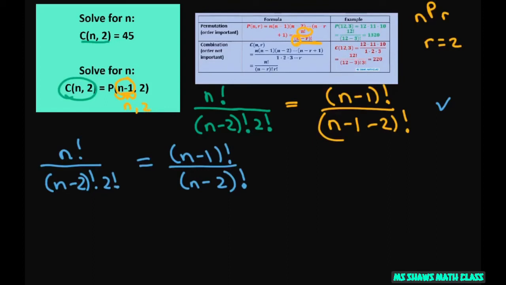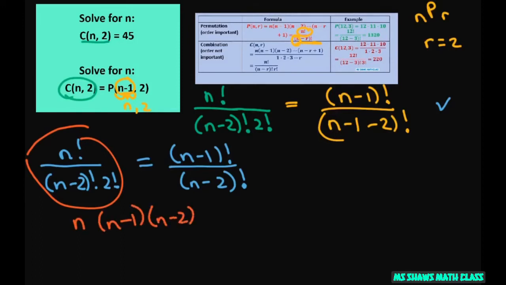Okay, now the next step is we're going to expand like we did earlier. So this one is really n times n minus 1 times n minus 2 factorial divided by n minus 2 factorial times 2 factorial, just like in the previous problem.